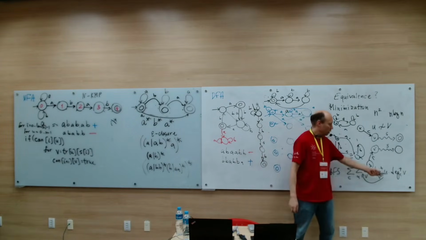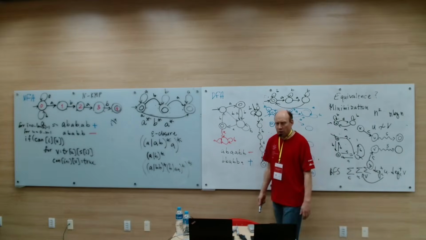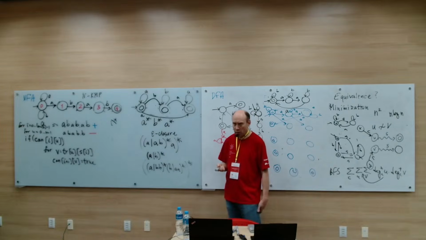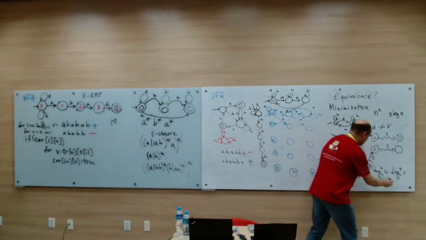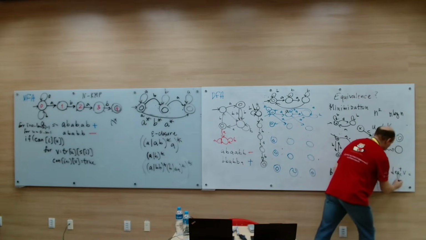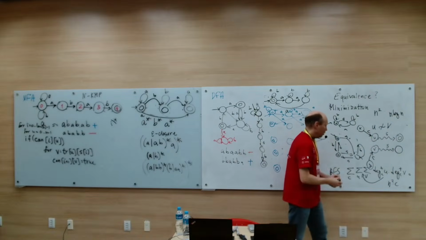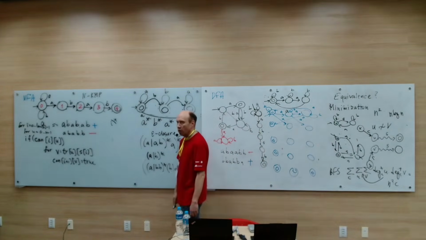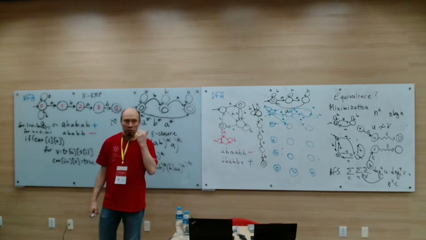And the sum of all outgoing degrees is n, because there is only one outgoing edge for every character. So this is n times n squared times the number of characters, which is usually considered a constant, so it is n squared.